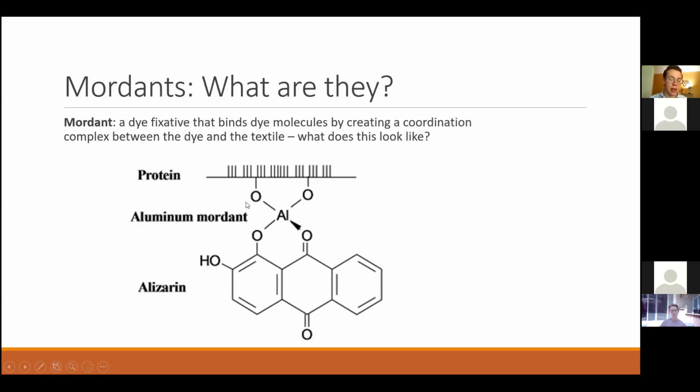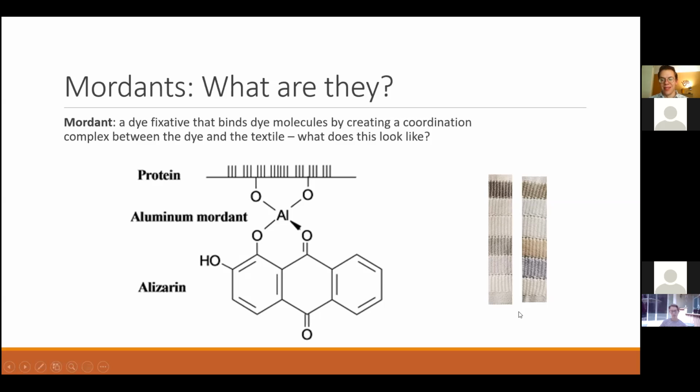Coordinative bonds, because they're stronger, allow several important side effects. They can extend the length of time that the dye stays attached, and they can also affect the color. So on the left here is a sample that has not been mordanted, and on the right is a sample that has been mordanted.